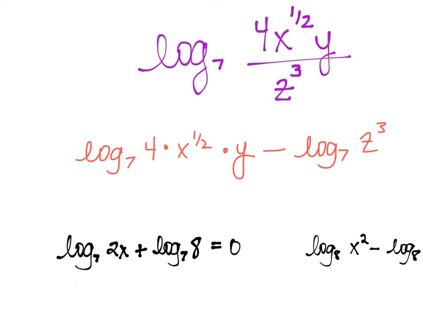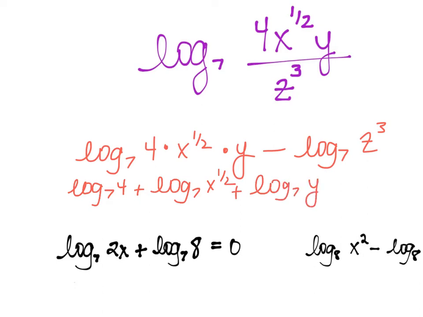Yeah. So I'm going to rewrite this as log 7 of 4 plus log 7 of x to the 1/2. If you see the 1/2 goes in front, fine. If not, I'm just trying to show you everything. Plus log 7 of y minus log 7 of z cubed. And then what is the last thing we have to do? All of our exponents become coefficients.